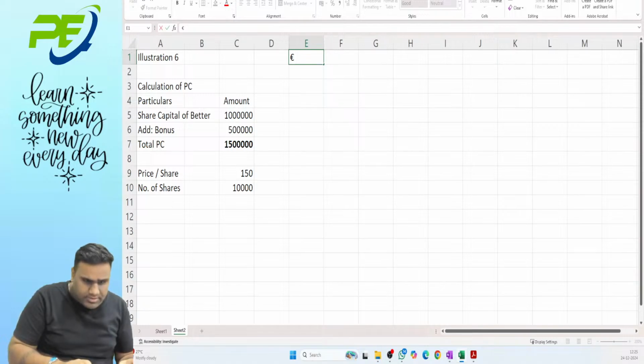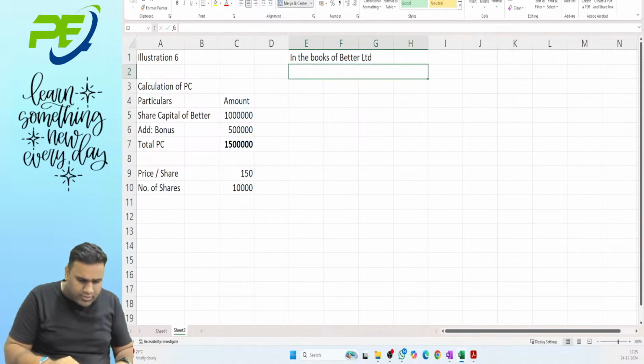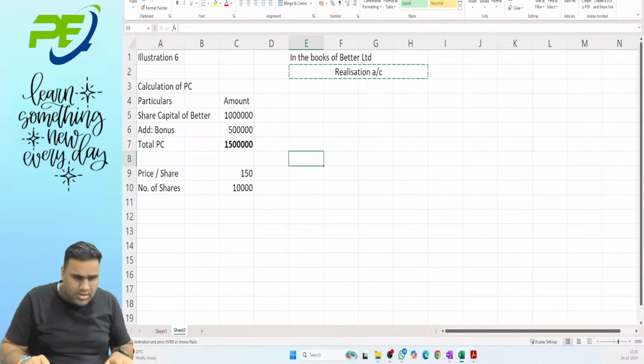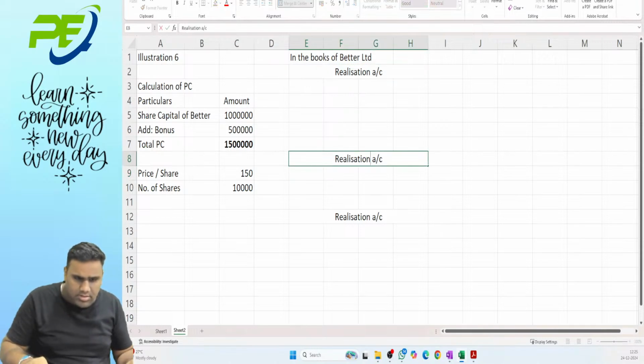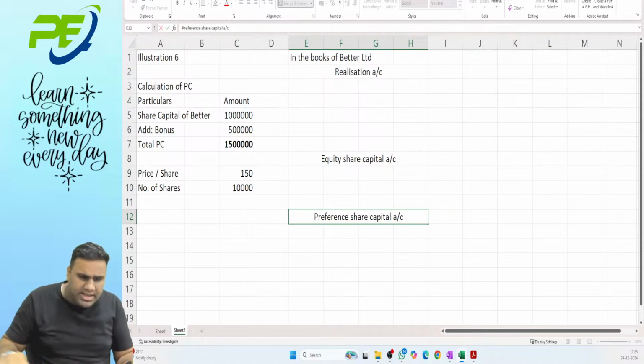But before that, in the books of selling company, Better Limited. So first one is realization account. Then equity share capital account, but that is after bonus. Preference share capital account.